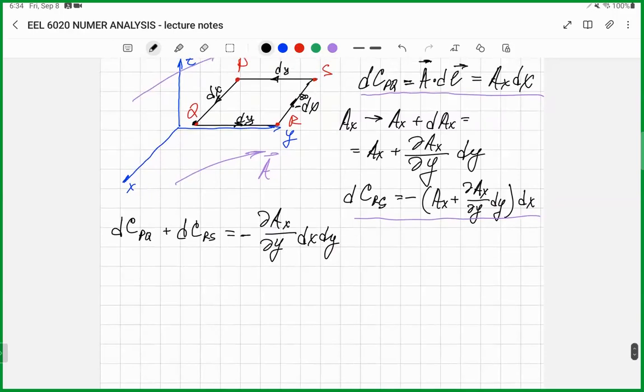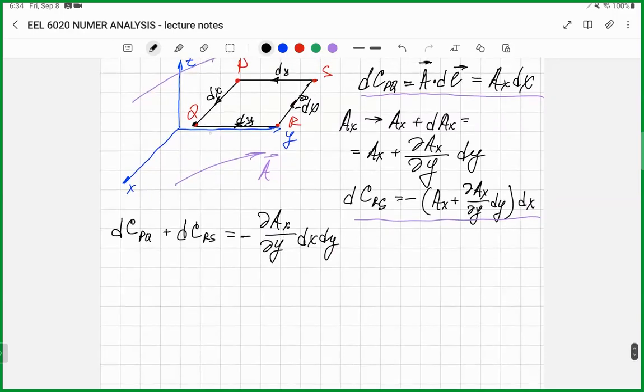So the same can be written for the change along the path from Q to R and from S to P. So let me write this down. The derivation goes the same way.